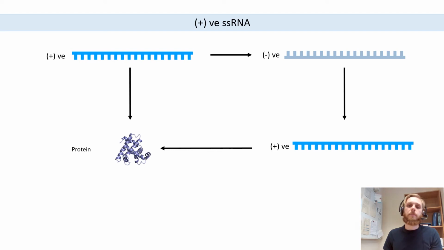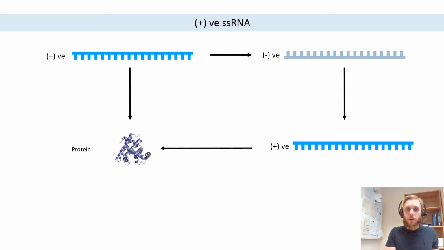The RNA polymerase will progress along a single strand of RNA and add a complementary strand. So if you have a positive strand of RNA, an RNA polymerase will add a negative strand here.